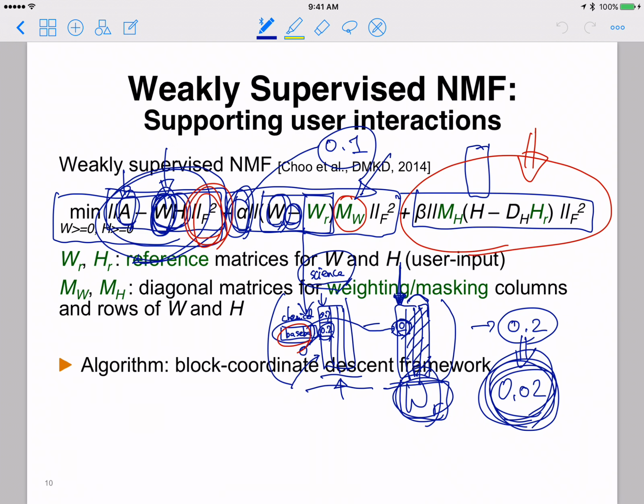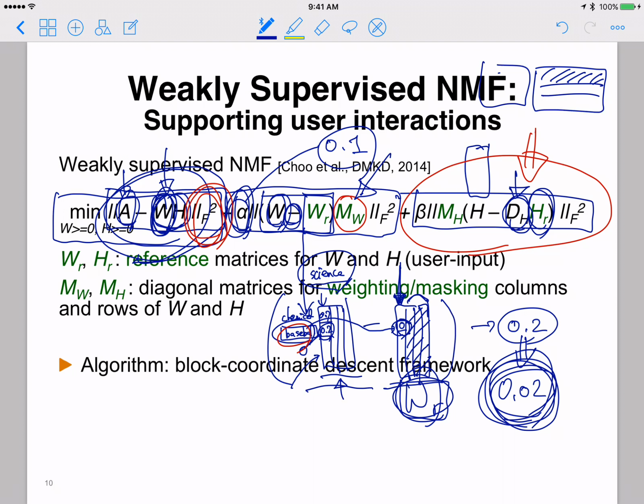We can also supervise this H by using HR, a reference matrix for H. In this case I use the masking matrix on the left, which means we want to directly supervise the particular row.